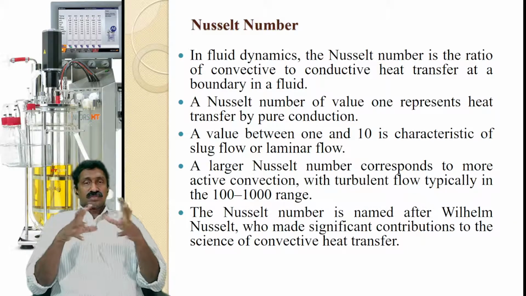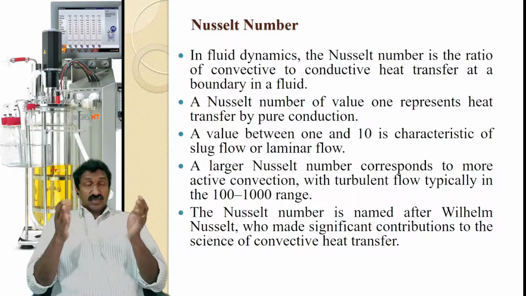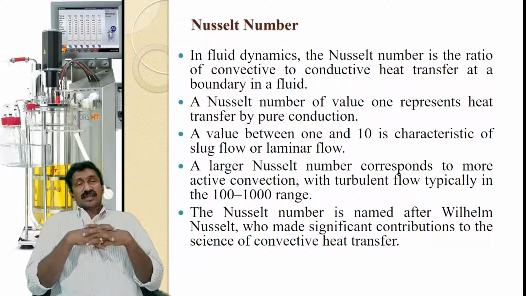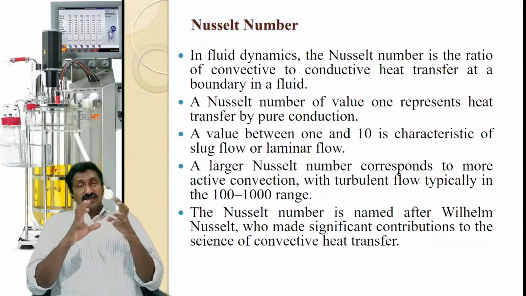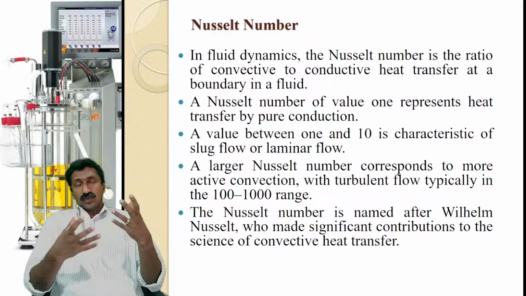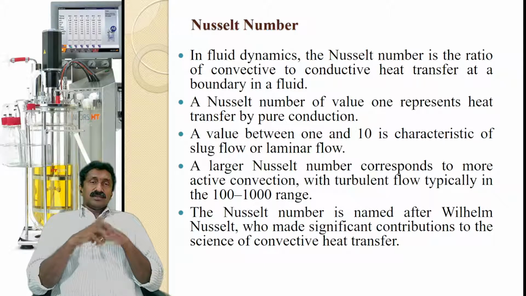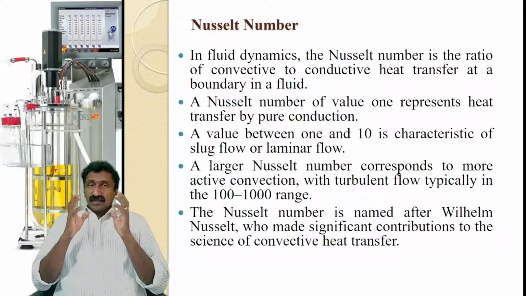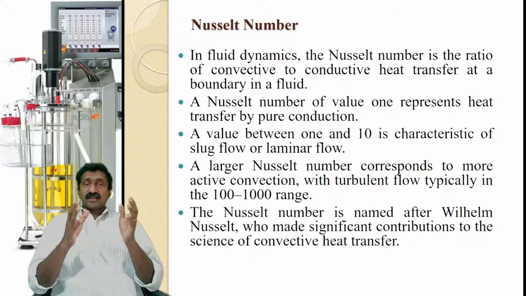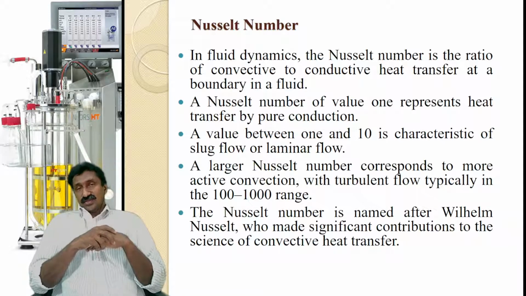Turbulent flow is typically in the range of 100 to 1000. A much higher Nusselt number will be there if the medium is highly mixed and there is very turbulent flow inside the chamber. Then the Nusselt number will be high because the convective transfer is much higher, which ensures a higher value for the Nusselt number.